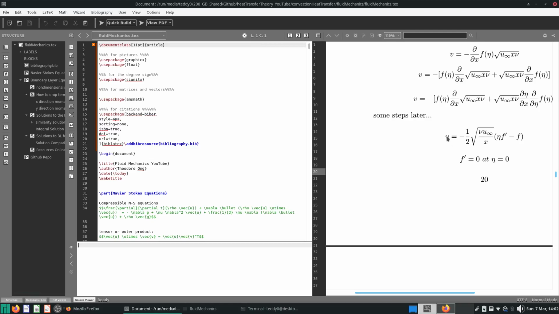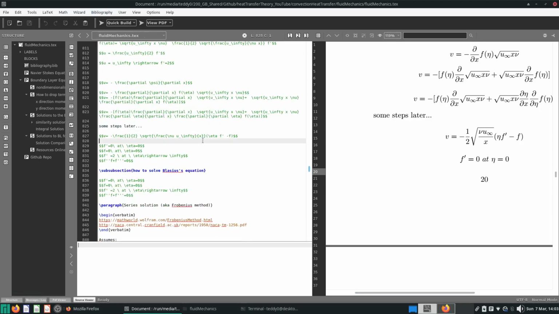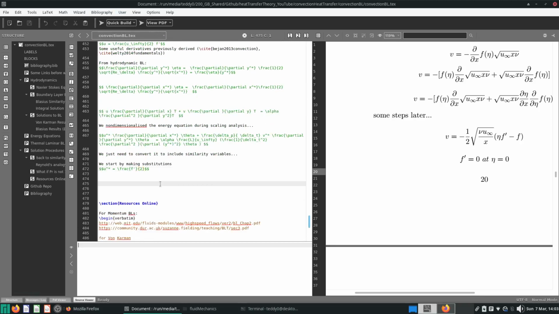We'll try to use this form of V, and then we'll just convert it to V star. So V equals to minus half. Okay, let me look for some steps later. Yeah, so V equals to, let me copy and paste this over, and we'll have to non-dimensionalize it.